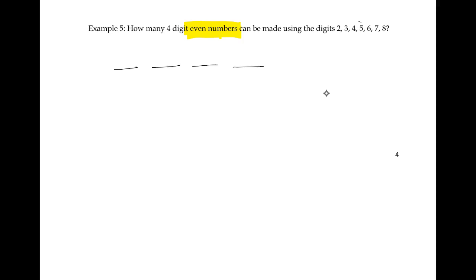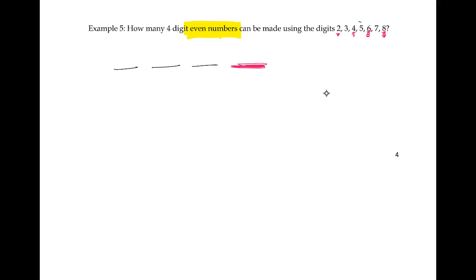Okay? So even numbers have to be divisible by 2. So when I see even numbers, I know that my last digit must be 2, 4, 6, 8, or 0, but 0 is not part of my possibilities, so I'm not going to include that. So when I look at this place value, the last digit of my number, I know that it can only be one of these 4 options.